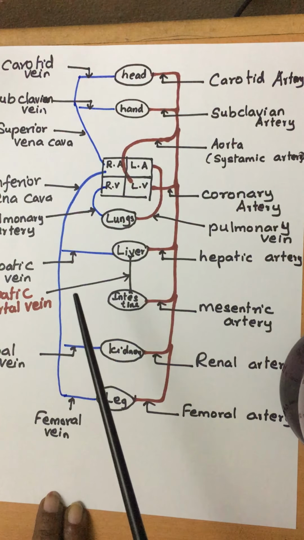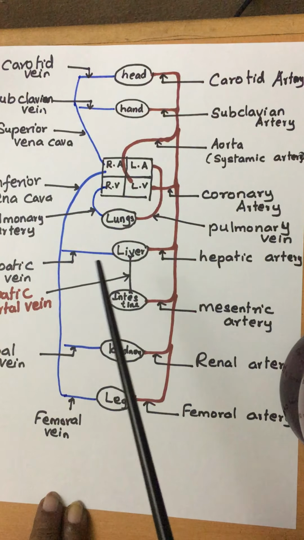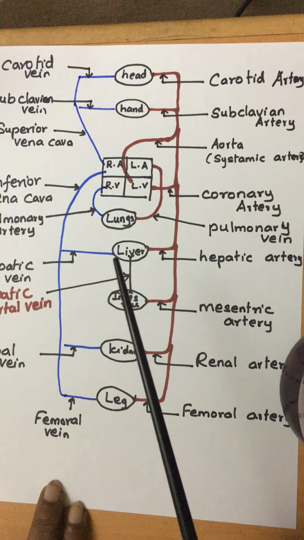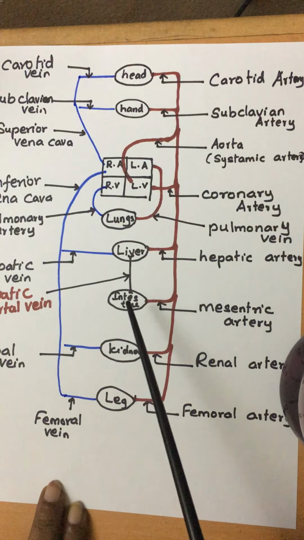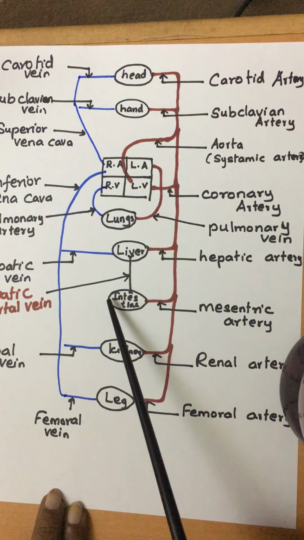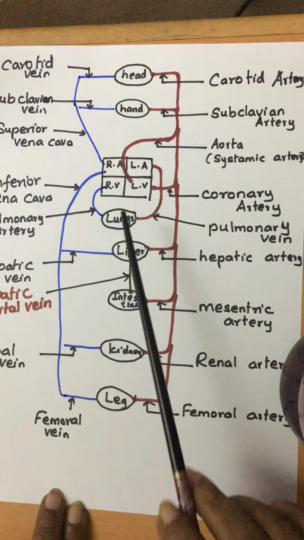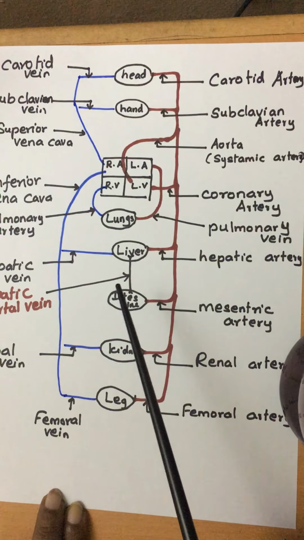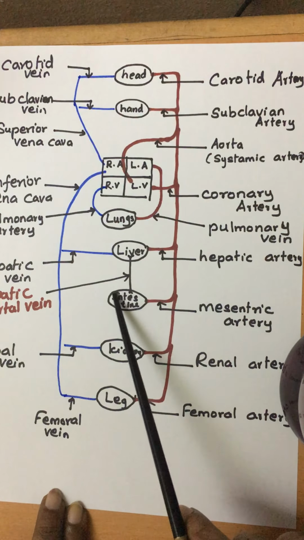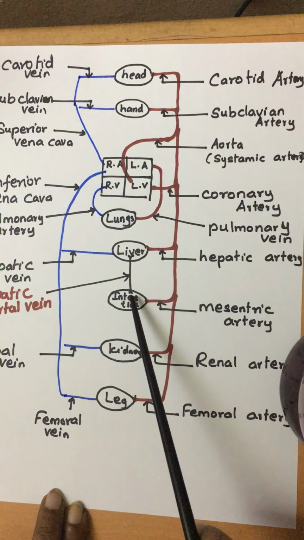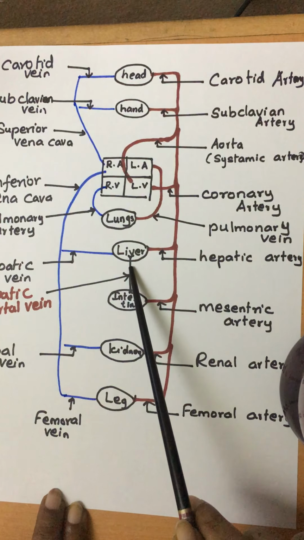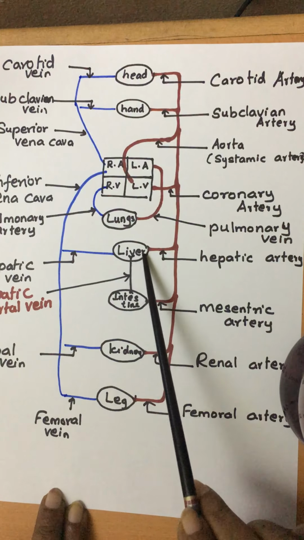So when you consider blood circulation, for example, say one glucose or something in the intestine travels to the lungs. When they ask you the path from the intestine, it goes to the hepatic portal vein and then the liver.